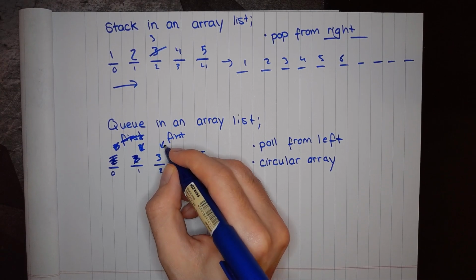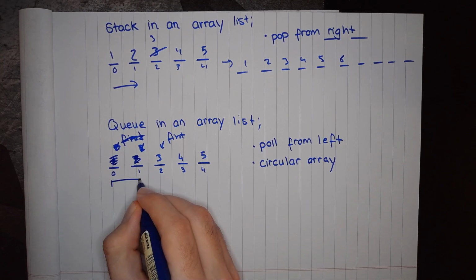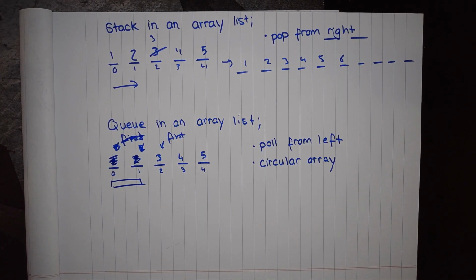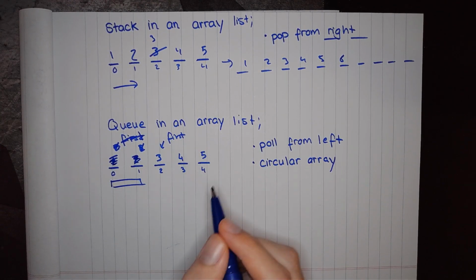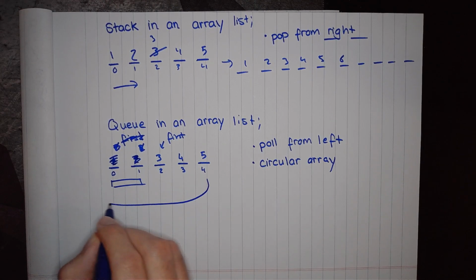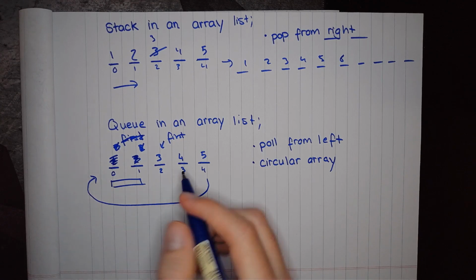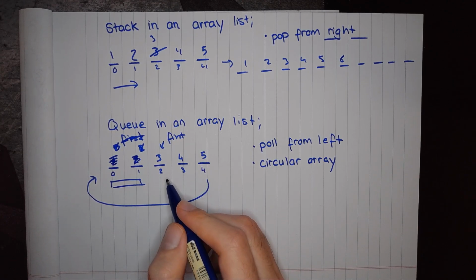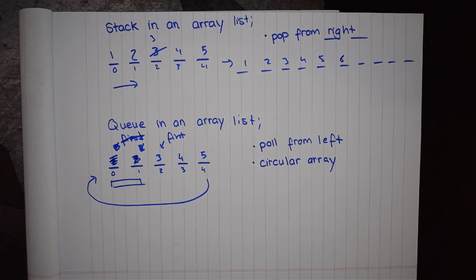So the fact that the first element now starts at index 2, I know that the elements at index 0 and 1 are free, right? So when I want to then add the next element, I can just do a wraparound. I can just say this array, consider it to be a circle, right? So the next element I add is going to be at index 0.